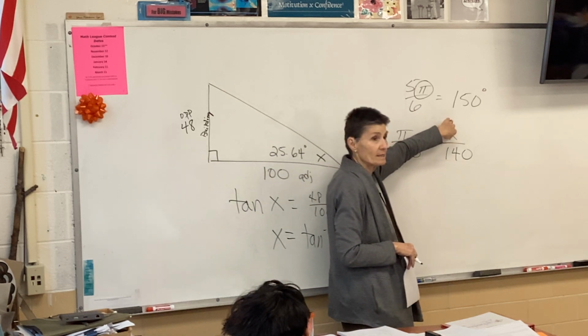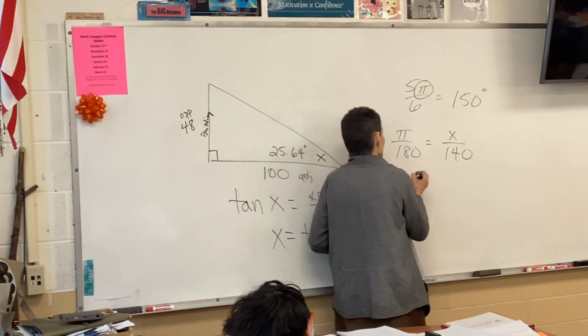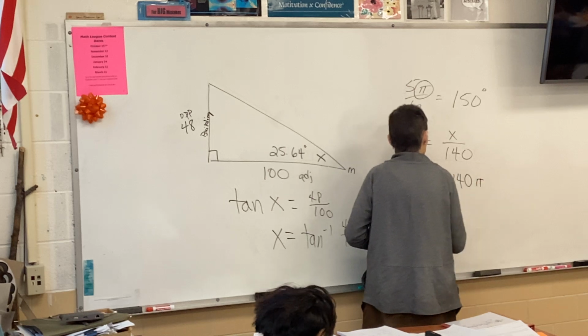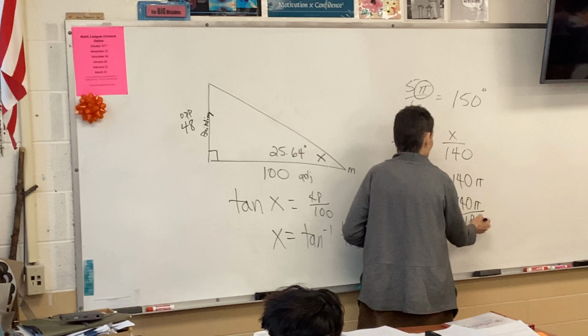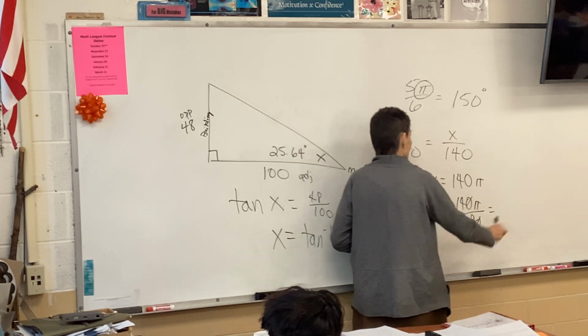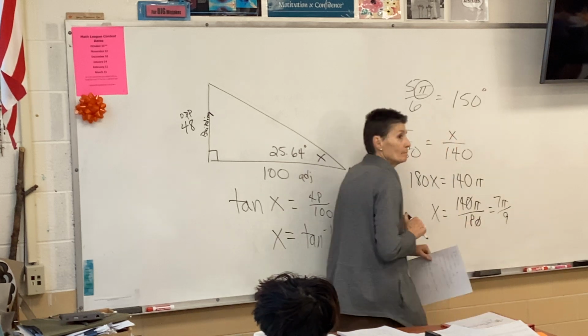How many radians is 140 degrees? So then if we cross multiply and divide, did you get 7 pi over 9 when you reduced it? Yep.